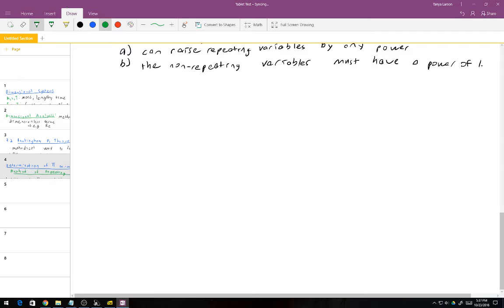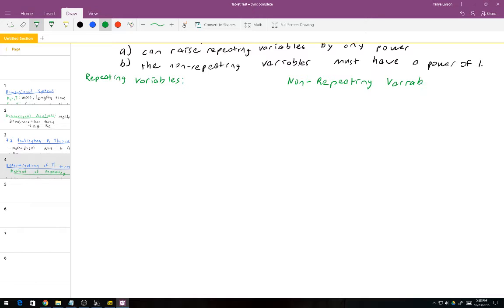So here, I have my repeating variables and my non-repeating variables. Again, I'm going to list them out along with their dimensions.